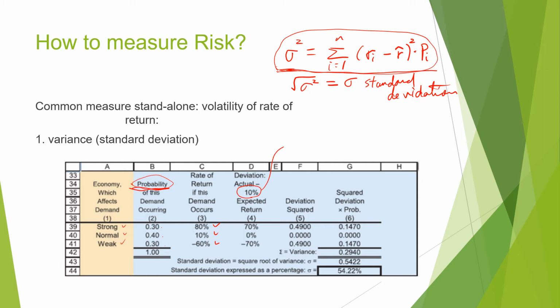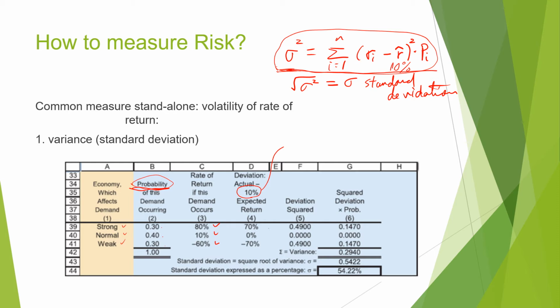This R hat, that's estimated, in this case, actually weighted average. So 80 minus 10% is 70%. 10% minus 10% is 0. Minus 60% minus 10 is minus 70%.